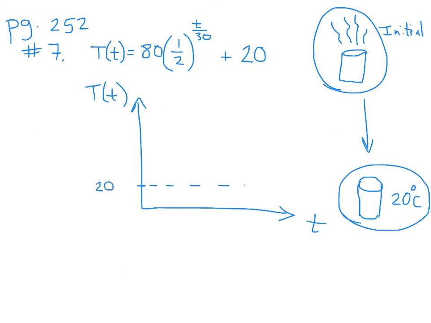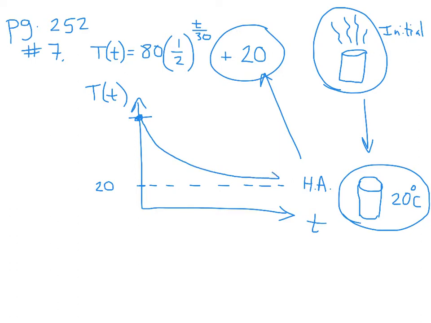So basically, this exponential decay problem, or decreasing, has a horizontal asymptote of 20. How do we know? Because the C value is 20. So we know that this cup of hot liquid is going to start at a very, very high temperature. We don't know what that initial temperature is yet, and it's going to decrease closer and closer to that horizontal asymptote of 20 degrees, the room temperature.